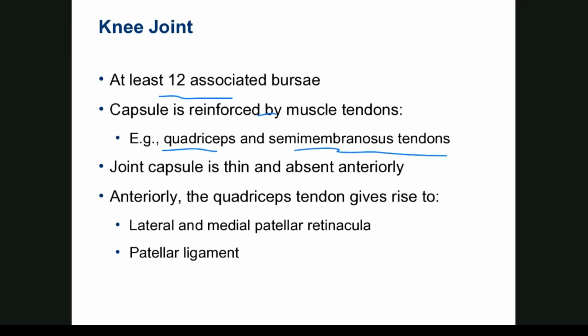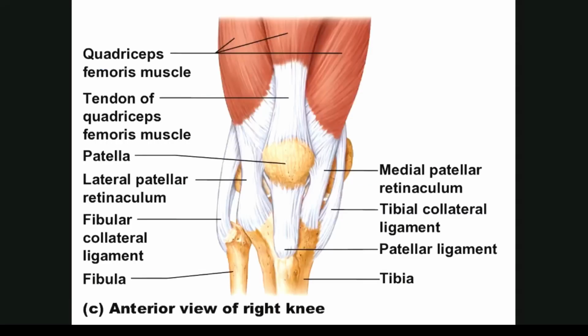Joint capsule is thin and absent anteriorly. The quadriceps tendon also breaks off into the lateral and medial patellar retinacula and the patellar ligament. Here we have our quadriceps femoris here. This is the tendon of the quadriceps femoris. It's going to go down here to your patella, and then you got your patellar ligament here.